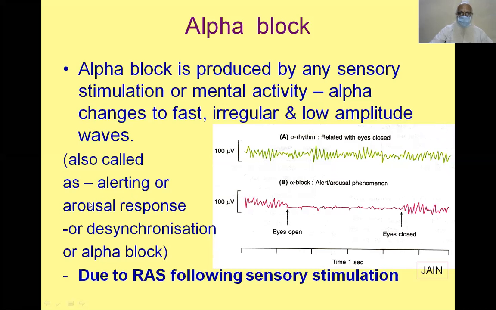That means suppose somebody has just closed the eyes and is relaxing, then when he is alerted, or when there is some stimulus, he has to pay attention to the stimulus so that he can attend to any possible danger that might be coming. So this is a very useful phenomenon. The alpha block, or desynchronization, is a very useful phenomenon. And this is due to the reticular activating system stimulation, following sensory stimulation.